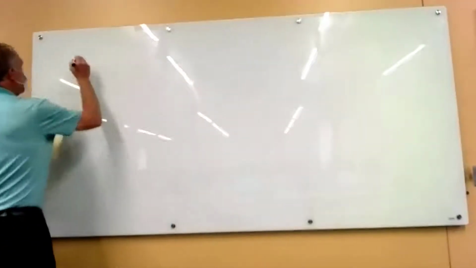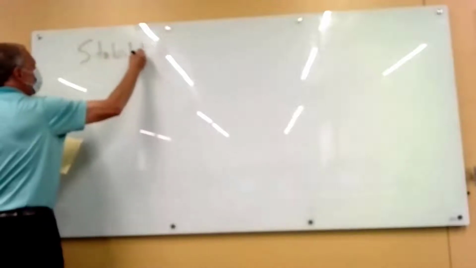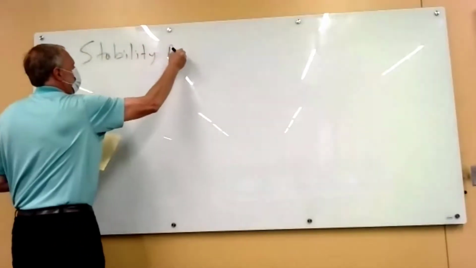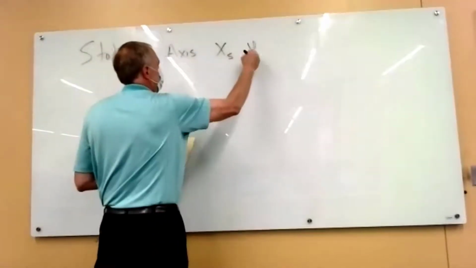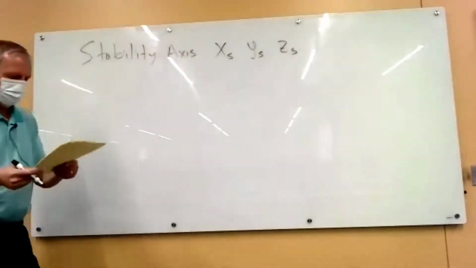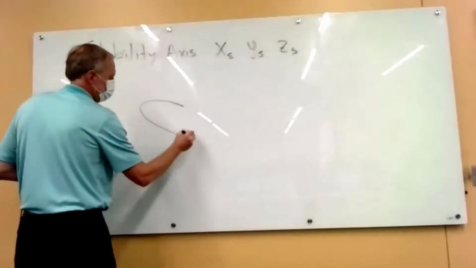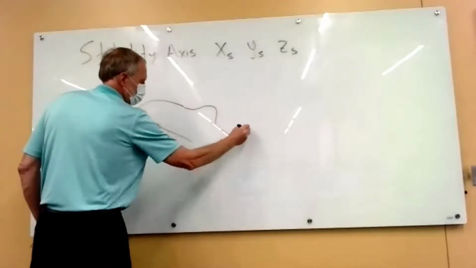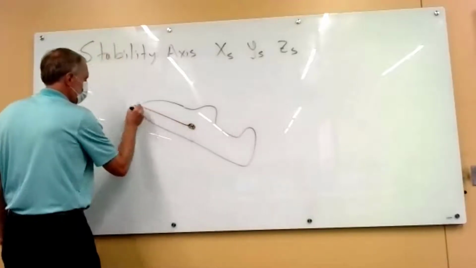All right, so you've seen this before. There's an axis system called the stability axis. And it's subscript with an S, like that. And the way this thing works is, here's our airplane.